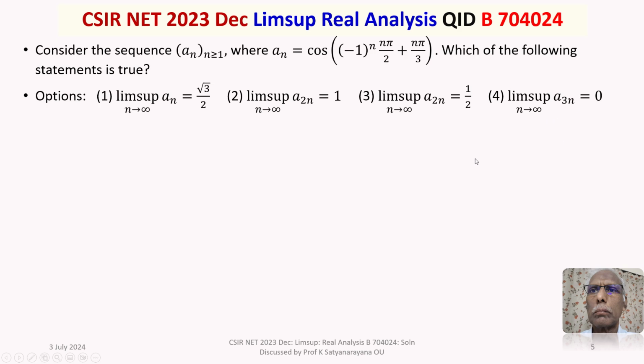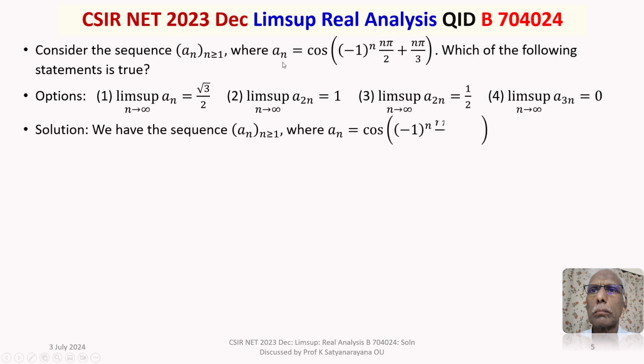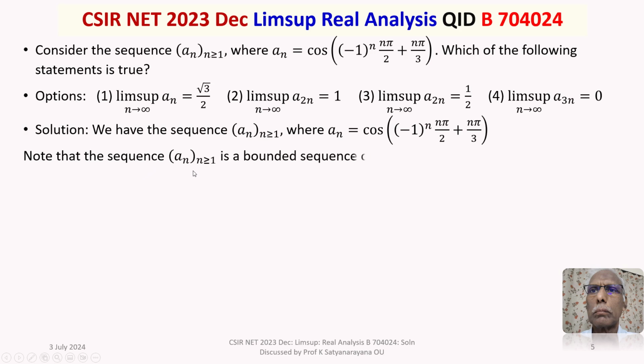Let's now discuss the solution of the problem in detail. We have the given sequence where the nth term is given by this. And notice that this sequence is a bounded sequence of real numbers. Why is it bounded?